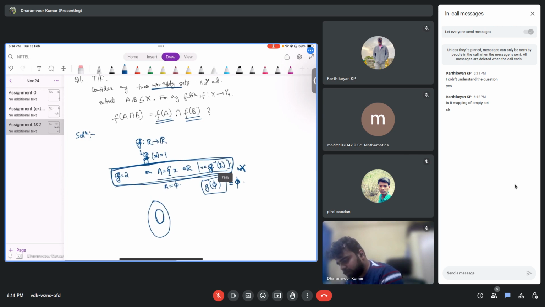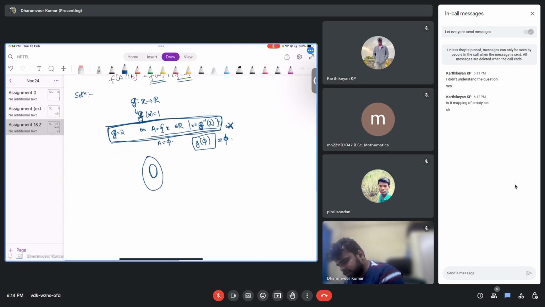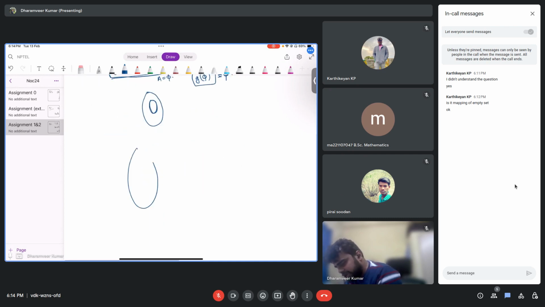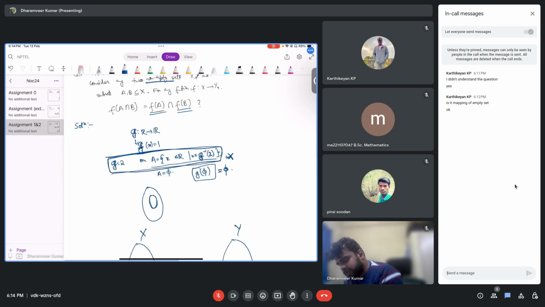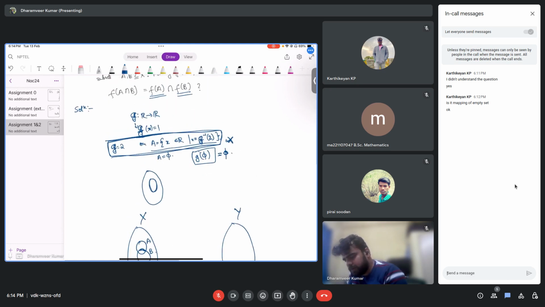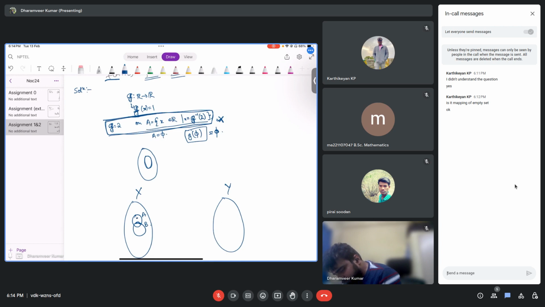Now, this statement, okay? First try to understand or visualize what this is. There are two subsets. So there is X, there is Y, and there is an intersection as well, between A and B. And they are saying that whenever this maps, we have this property. So let's do one thing.